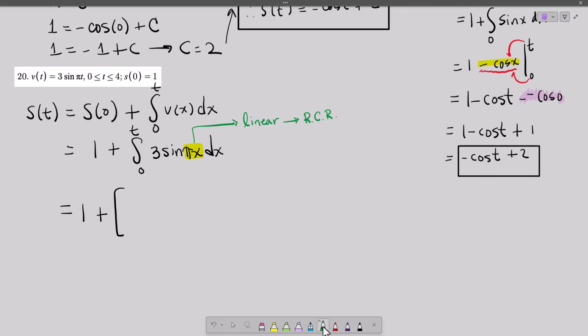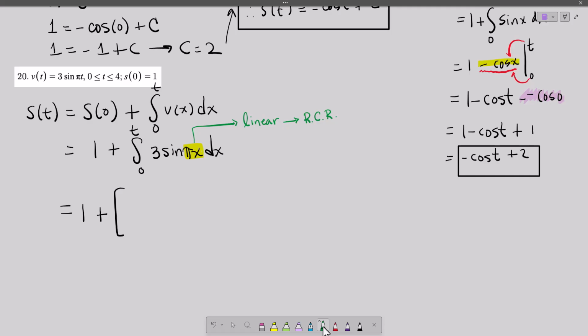If you were doing just the chain rule, if you were to take the derivative of sine pi x, you would get cosine pi x times pi. For the chain rule, you multiply by the derivative of the substitution. But what are we going to do when we're integrating?